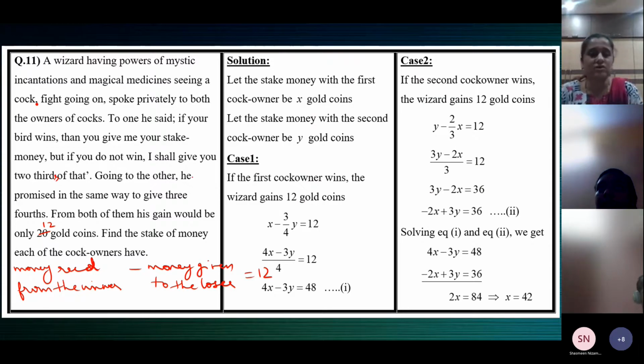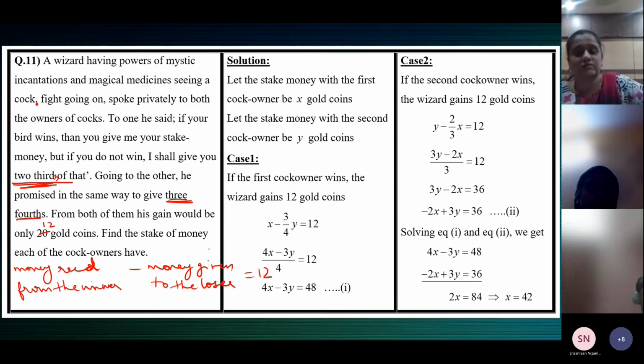If the first one is a loser, he'll give 2/3 of X. If the second one is a loser, he'll give 3/4 of Y. Because the first one's stake money is X and the second one's stake money is Y. If the first one loses, the wizard will give him 2/3 of X. If the second one loses, the wizard will give him 3/4 of Y. So the equation is money received from the winner minus the money given to the loser is equal to 12 gold coins.